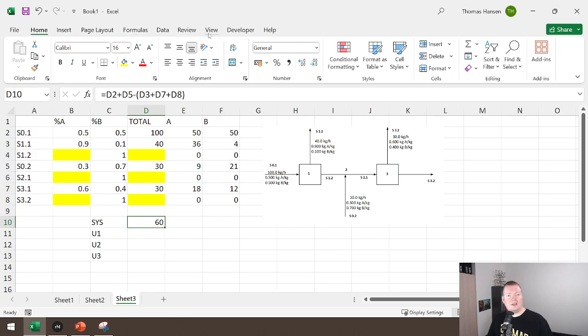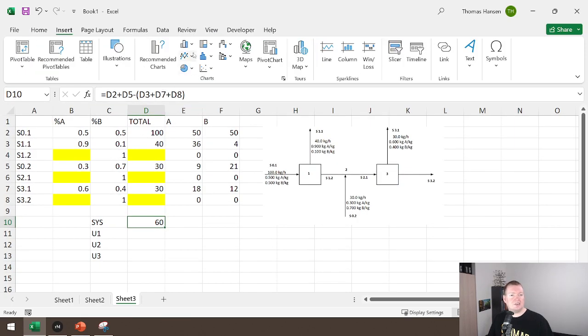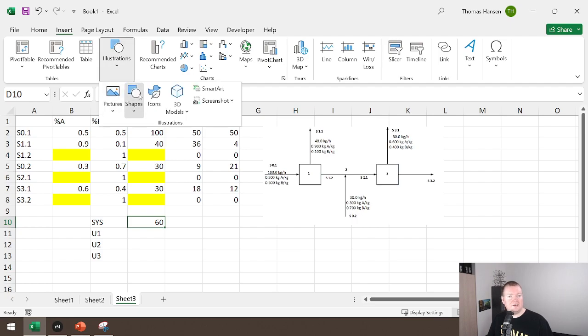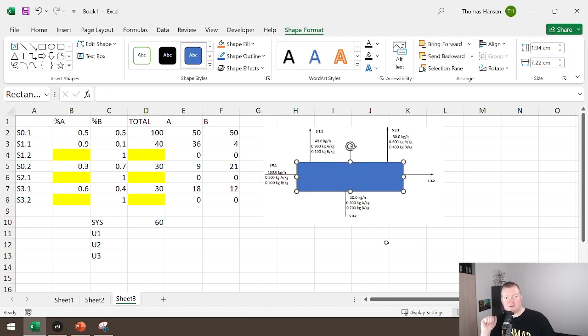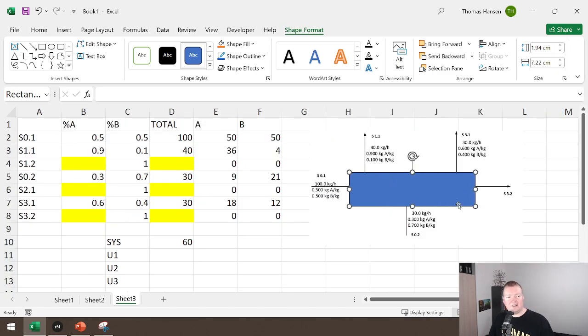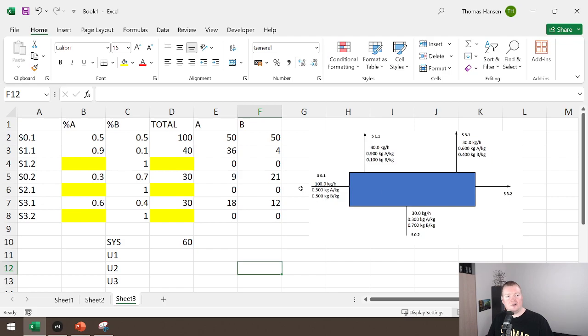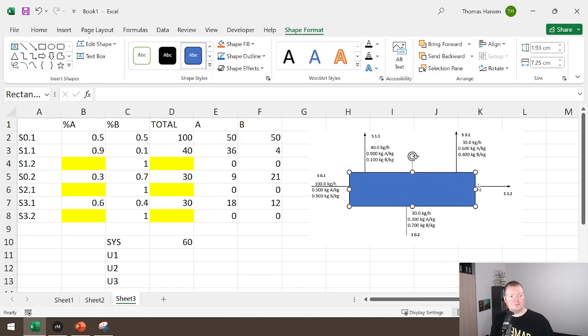So you have to imagine, can you do that in Excel? Can I? Let's try. Shapes. Yes, here we go. So basically you have to imagine that I'm putting in a box so that I'm only looking at the entire thing here. I don't know what goes on in this blue box. I just know stream 0-1 and 0-2 goes in, and 1-1, 3-1 and 3-2 comes out.